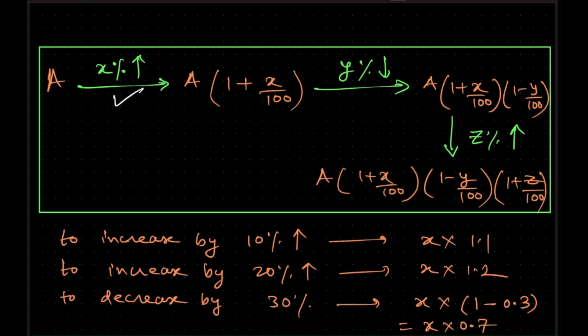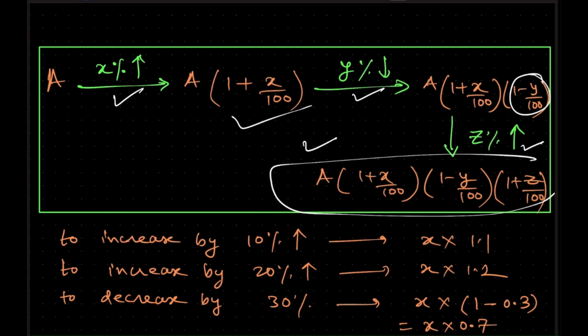If a is increased by x%, we multiply by the factor 1 plus x by 100, and if it is decreased by y%, we multiply it by 1 minus y by 100, and if it is increased again by z%, the final answer will be this. We will use this to derive our compound interest formula. Whenever you have to increase any number by 10%, just multiply it by 1.1.